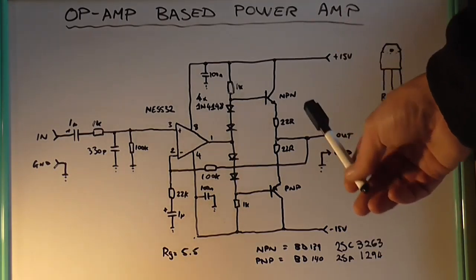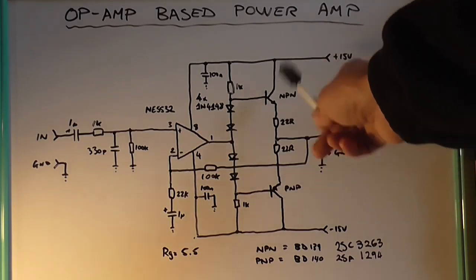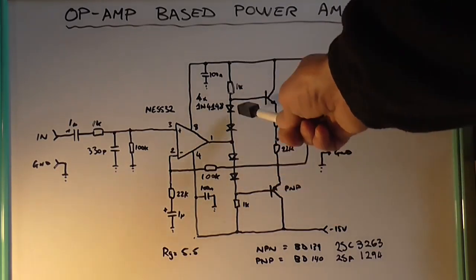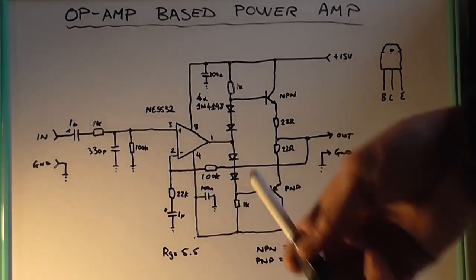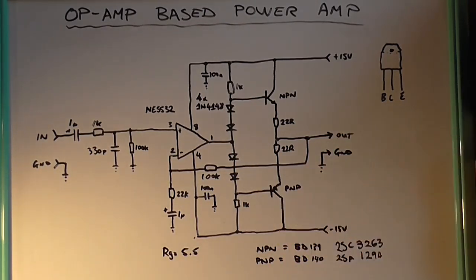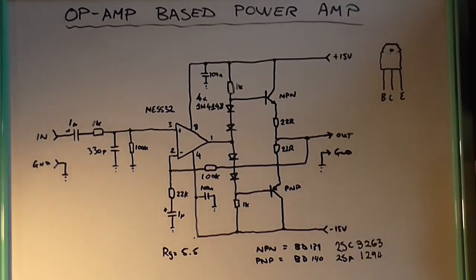This will work, but the possibility of thermal runaway on the output devices, because you've got no control over the biasing, is quite strong. But for use as a headphone amplifier, with a BD139 as an NPN and a BD140 as a PNP, mounted onto a heatsink, mind you, it will work just fine.